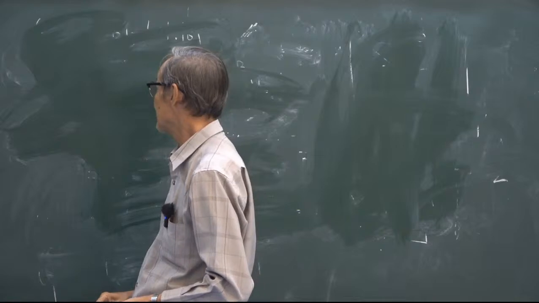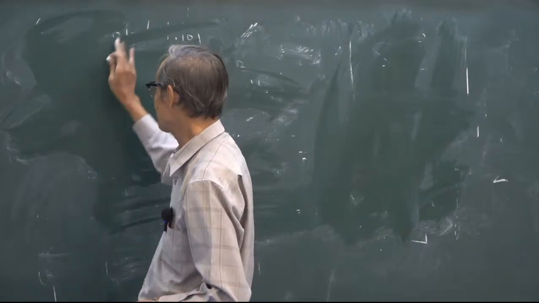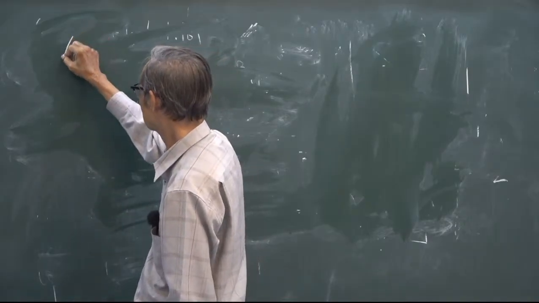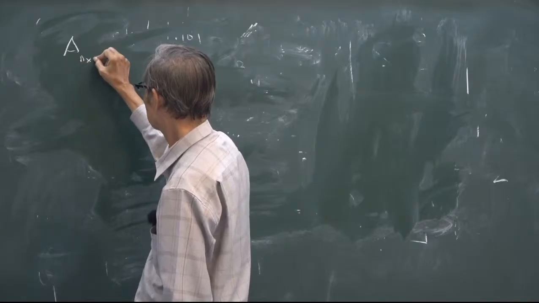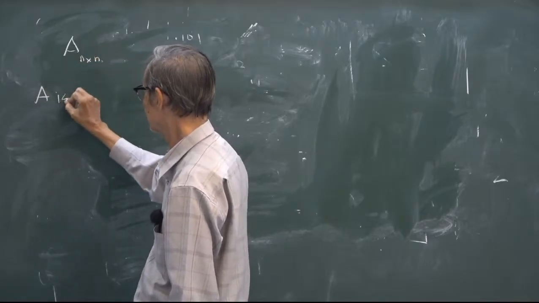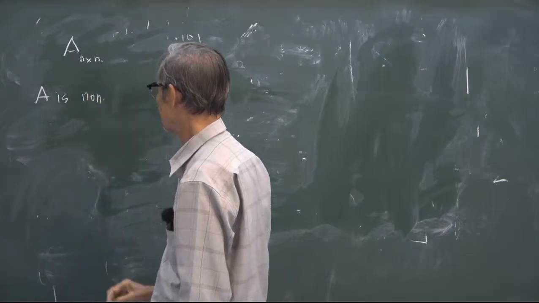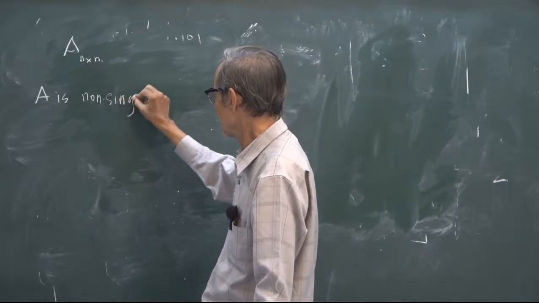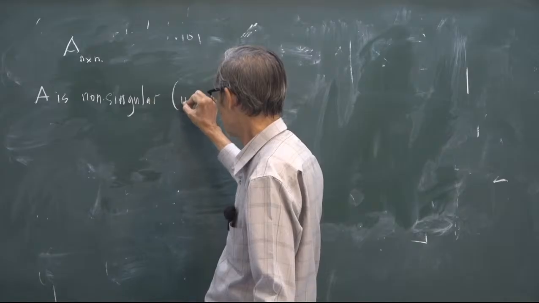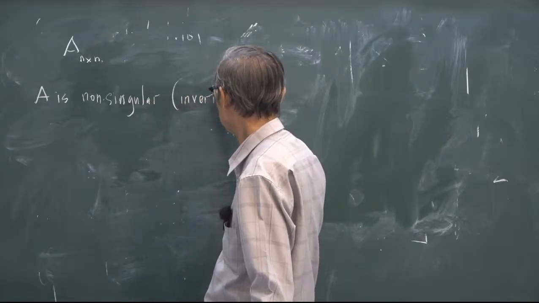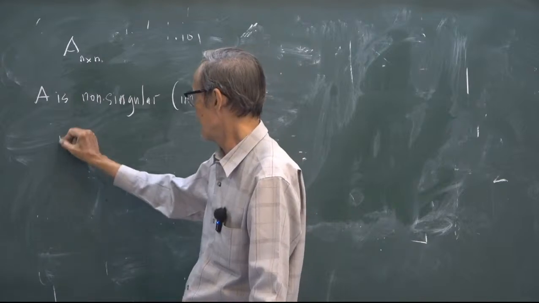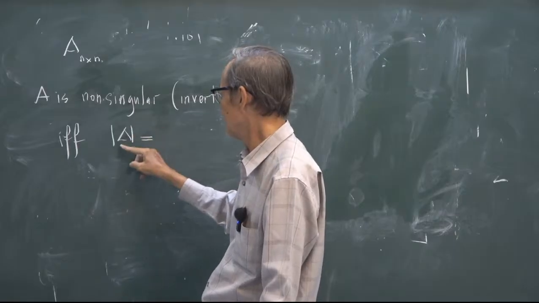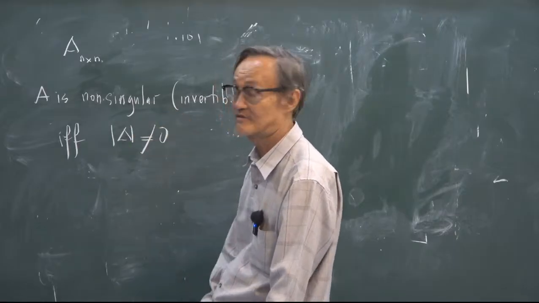Now we can use the determinant to find the inverse matrix if possible. We say that A is non-singular or invertible if and only if the determinant of A is different from 0.